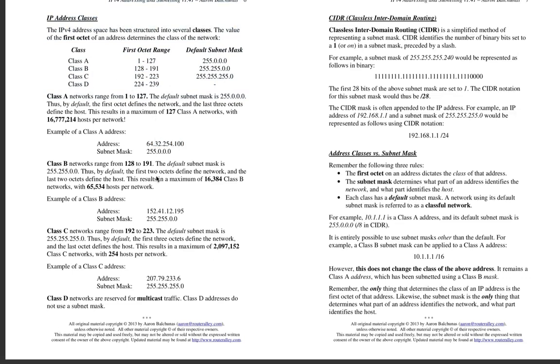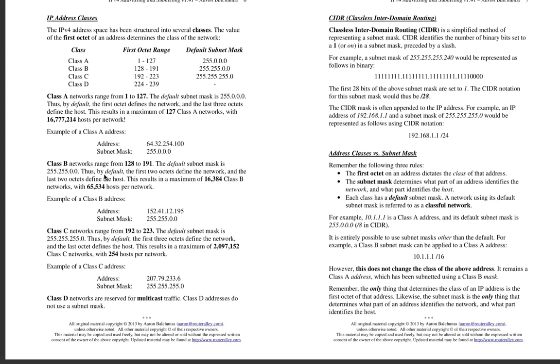Whenever the first number falls within any of these ranges, it falls under the accompanying class. Whenever it is class A, automatically the subnet is going to be 255.0.0.0.